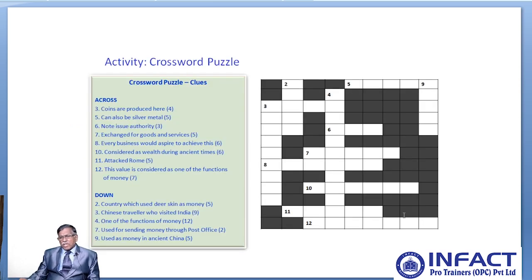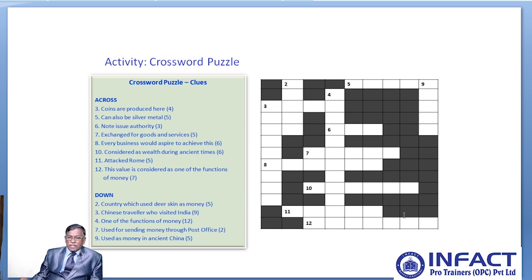Let us have some crossword puzzle. If you look at the picture, we have certain things which we want you to think over and then fill in. If you look at this particular table across, we have given certain clues to start with. Number 3 talks about where coins are produced. Number 5, it can also be silver metal. Number 6, it's a note issue authority.